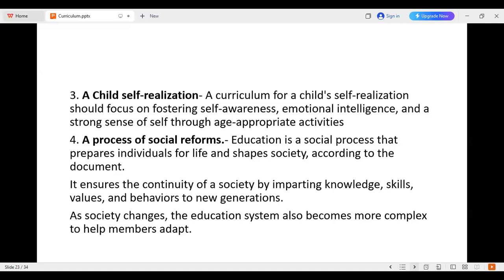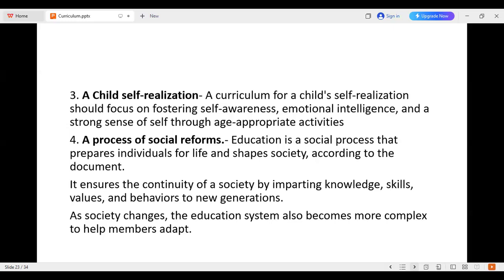Finally, I explained the social process of social reforms. We should convert our society into one of the best civilized, modern societies. The curriculum should address the social issues and problems, and should help reform this society into one of the advanced societies in the world.